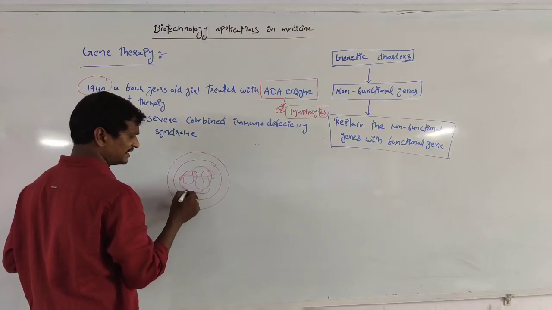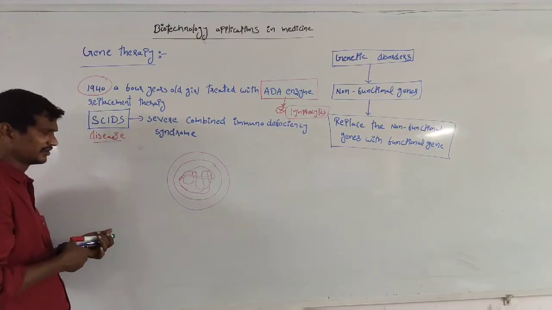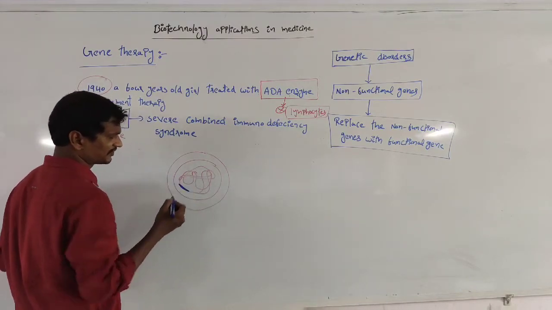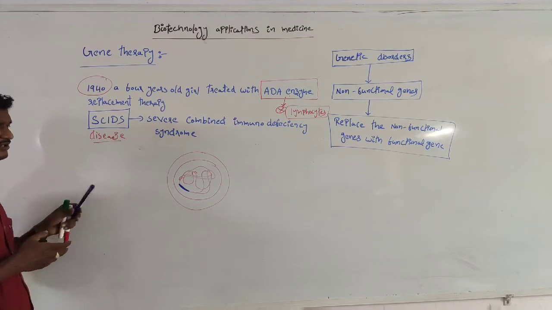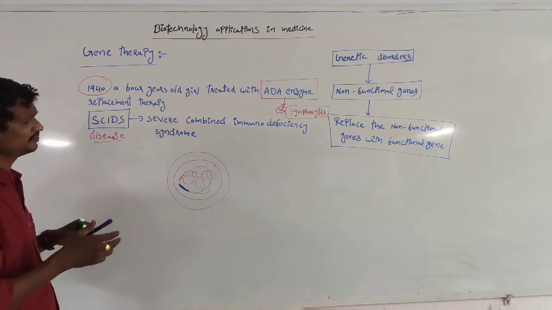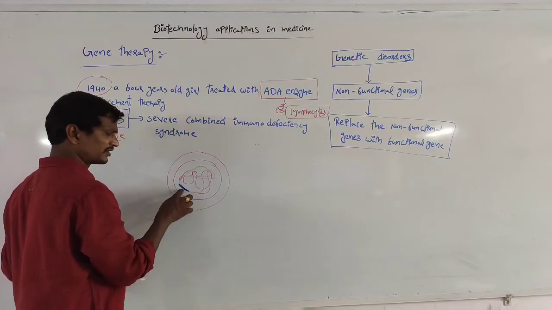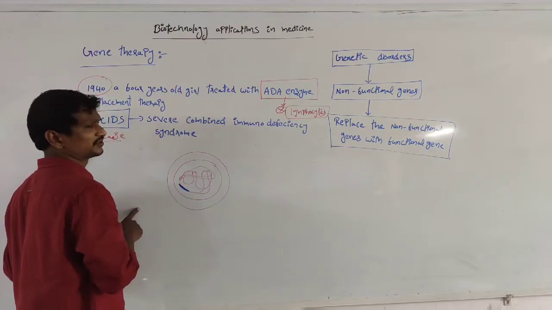This is the ADA producing gene, and this is the defective gene. The defective gene is replaced by the effective gene. So the concept is very easy.